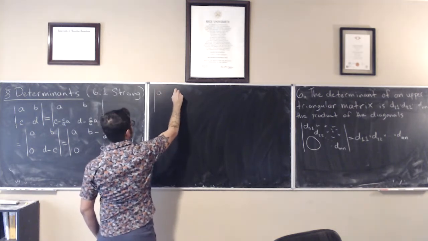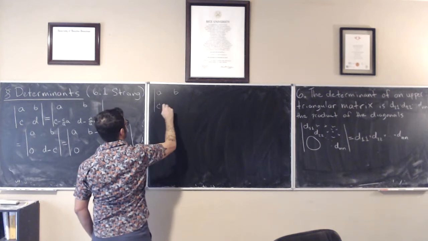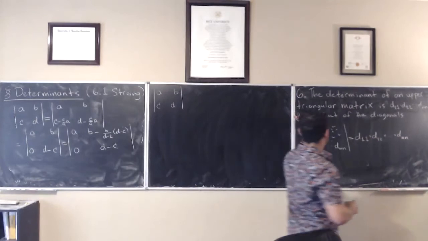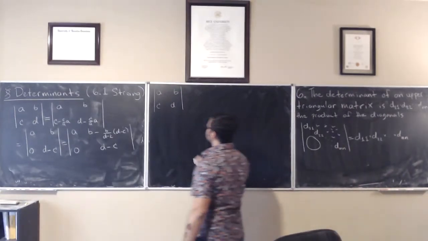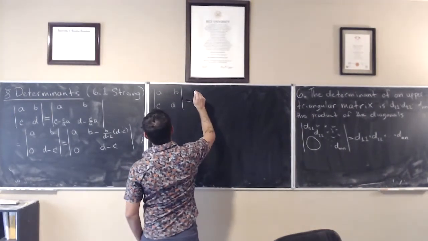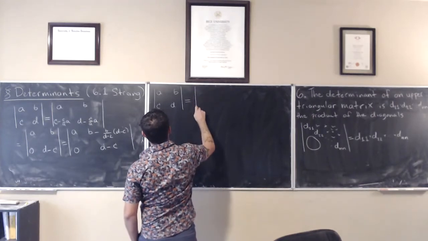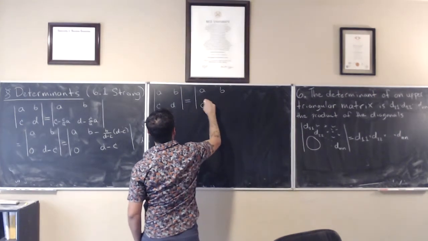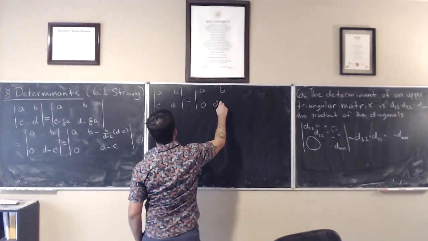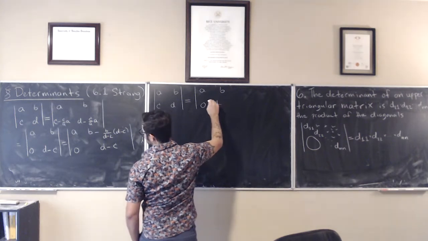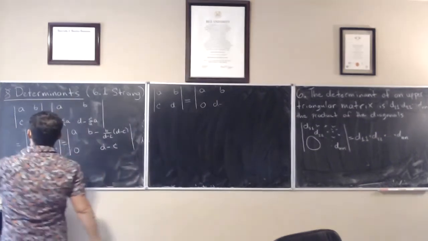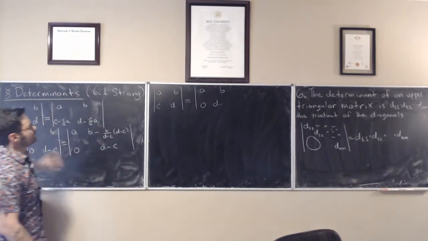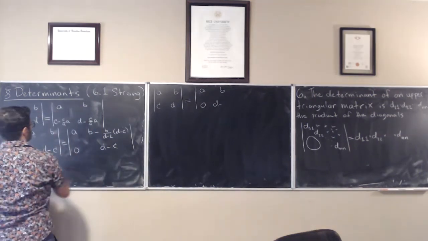I'm going to start over from scratch right here, just using the basic properties. I'm going to make it upper triangular, like this. And this will be A, B, 0, D minus... Oh, that's where I made my silly mistake.